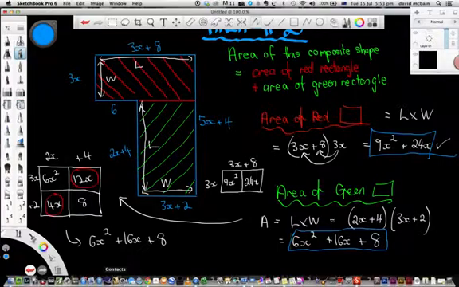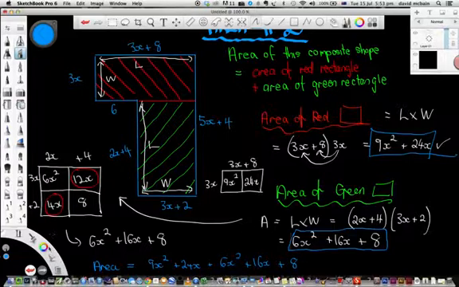And so the final area of the whole shape, the composite shape, is going to equal 9x squared, I'm going to group them, so it's 9x squared plus 24x, which is that one, plus 6x squared plus 16x plus 8.